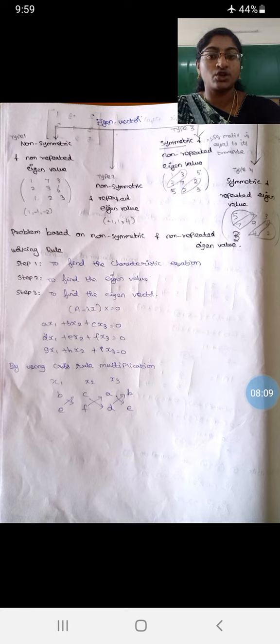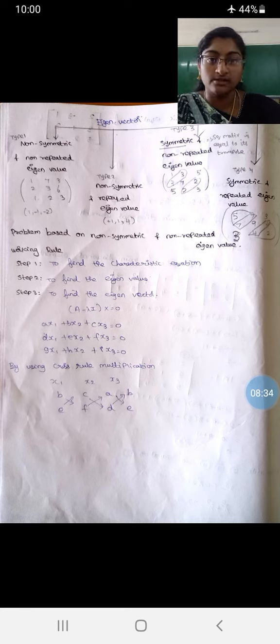So first is non-symmetric and non-repeated eigenvalue, where symmetric means a square matrix is equal to its transpose. See our first matrix, 1, 7, 3 in the row, and see the column 1, 2, 1, which is not equal. So we can say that it is non-symmetric. The eigenvalues for the matrix are 1, minus 1, minus 2.